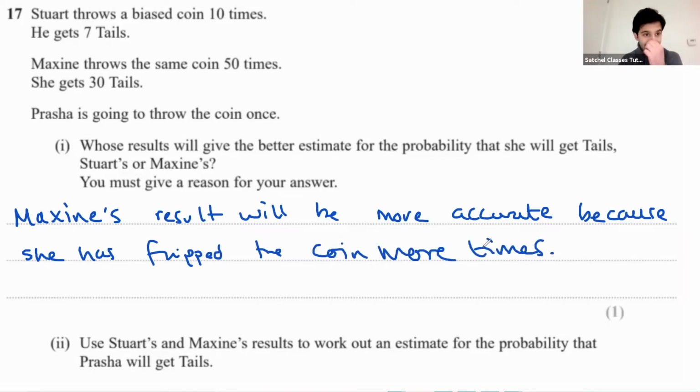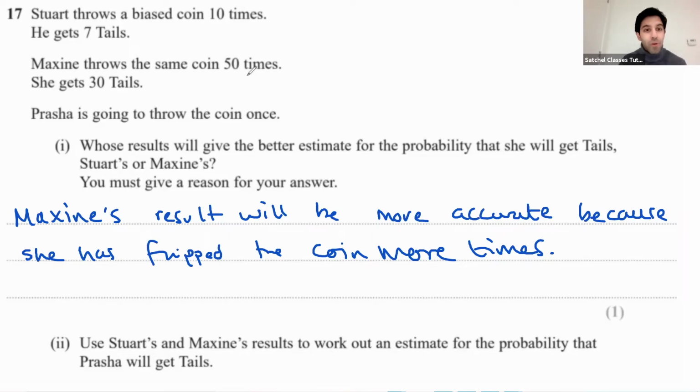And if we want it to be accurate, Maxine has thrown the coin 30 times compared to Stuart, who's thrown the coin 10 times. So she's done the experiment 3 times more than Stuart. So her results, we could say, are likely to be 3 times more accurate, if we wanted to be very precise here. Now it says use Stuart's and Maxine's results to work out an estimate for the probability that Prasha will get tails.